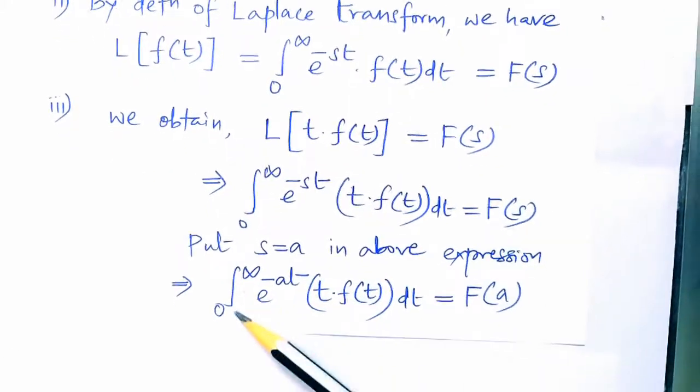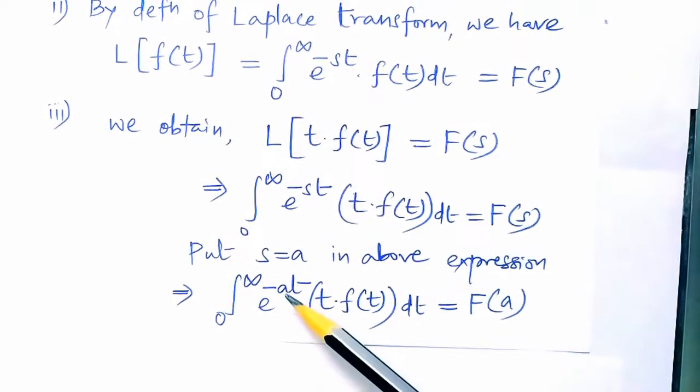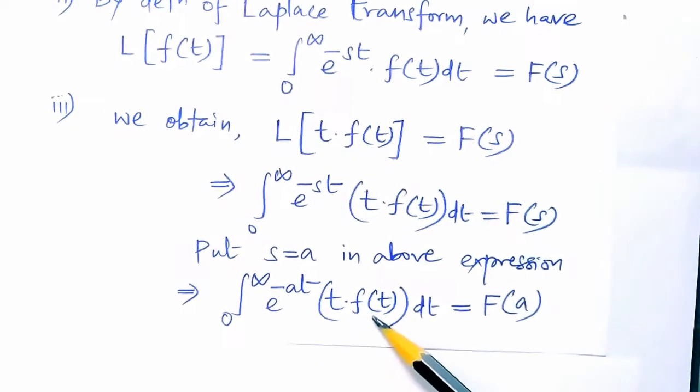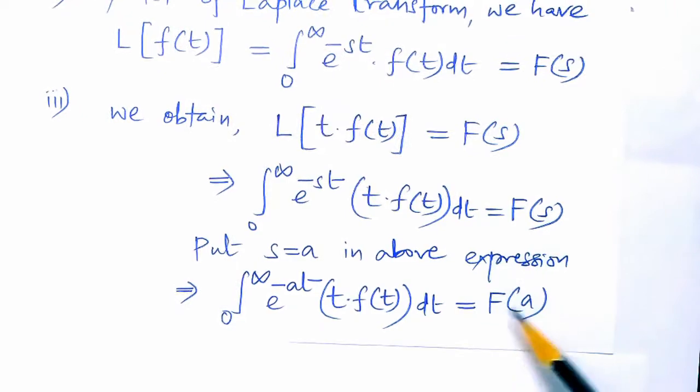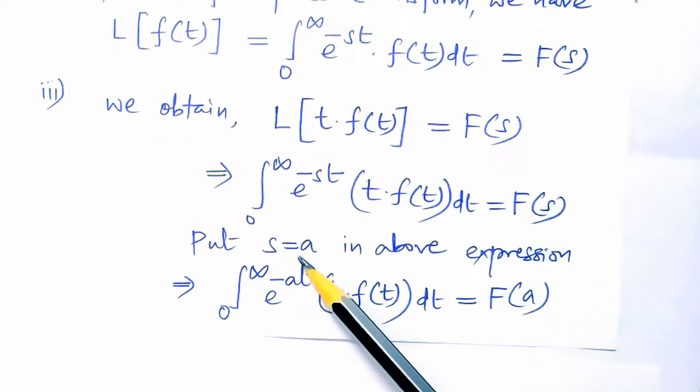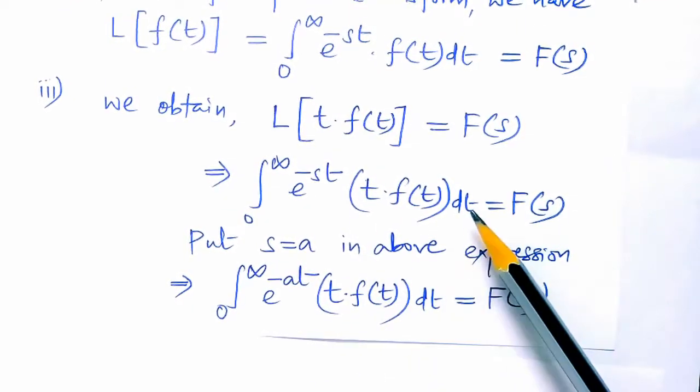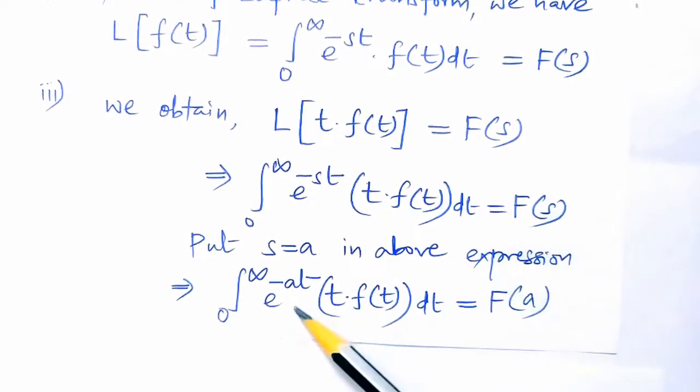So the integral from 0 to infinity of e to the power of minus at, t times f of t dt, is equal to F of a. That means wherever s is there on both LHS and RHS, we straightaway replace it by a.